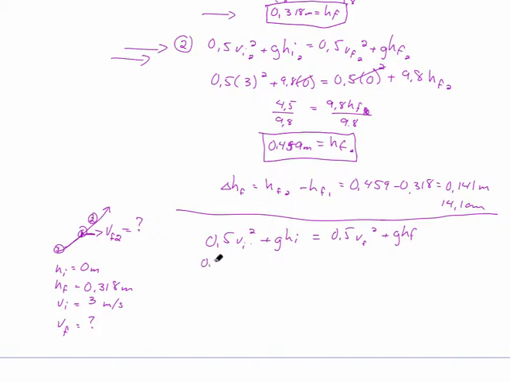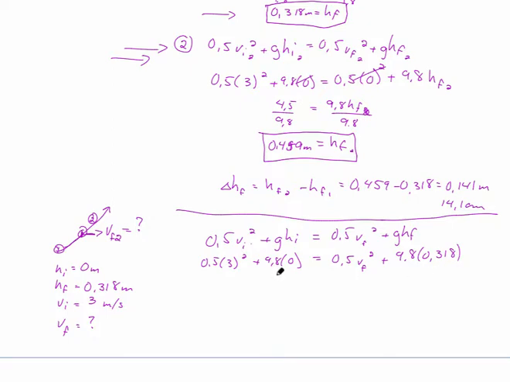So I've got 0.5 times 3 squared plus 9.8 times 0 is equal to 0.5 times the final velocity squared, which is what I'm looking for. I obviously don't have it, but I have a final height, which is going to be the height of the first ball. That's max height, 0.318.